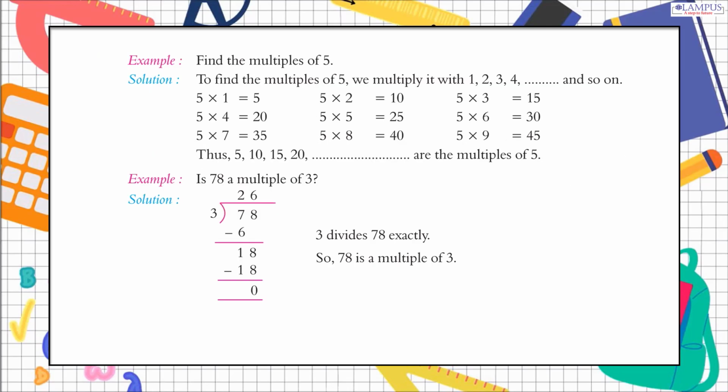Example. Find the multiples of 5. Solution. To find the multiples of 5, we multiply it with 1, 2, 3, 4 and so on. 5 times 1 equals 5, 5 times 2 equals 10, 5 times 3 equals 15, 5 times 4 equals 20, 5 times 5 equals 25, 5 times 6 equals 30, 5 times 7 equals 35, 5 times 8 equals 40, 5 times 9 equals 45.